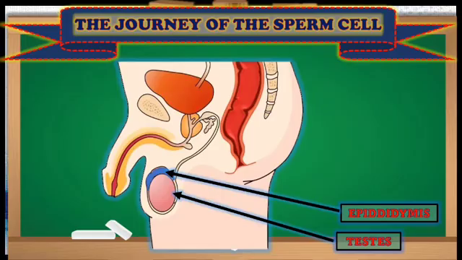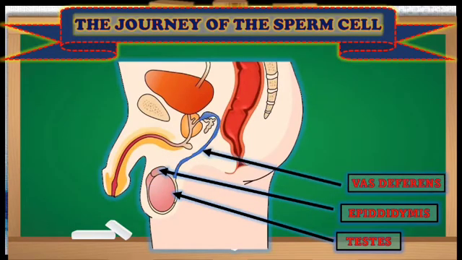Then after going to the epididymis, it is already the final maturation of the sperm cell, located at the back of the testes. So when the penis is erect, sperms now will travel to the vas deferens.